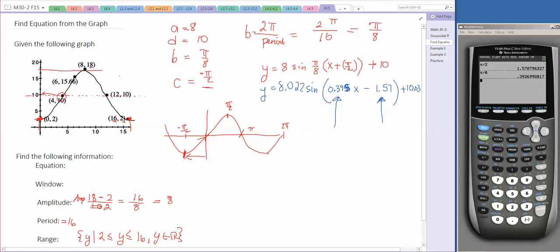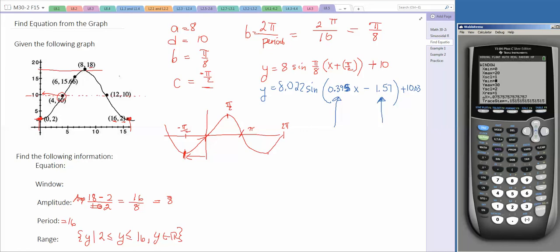Now we want to graph this so we can see our equation. First I'm going to go in here and I'm going to delete the equation from my last regression, and then I'll go to my windows. On my x value, I need to go up, probably up to 20. Let's go from 0 to 20, and we'll go up in ones.